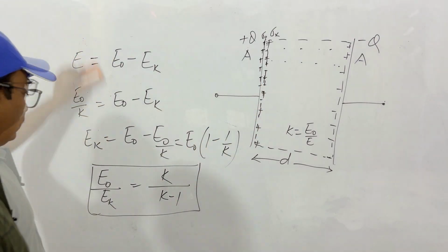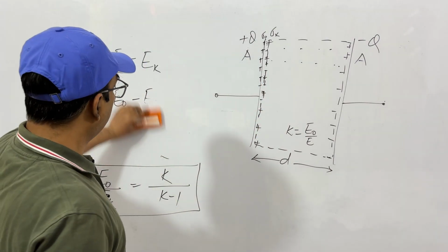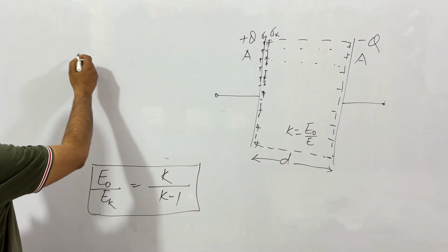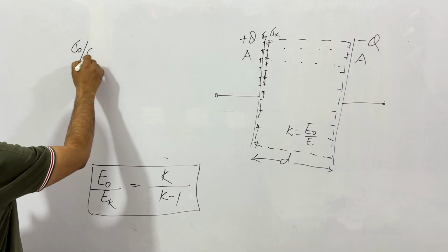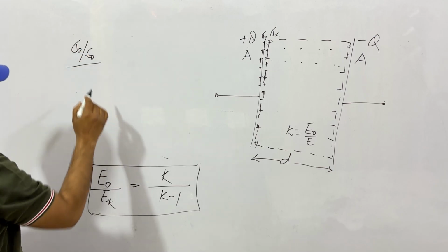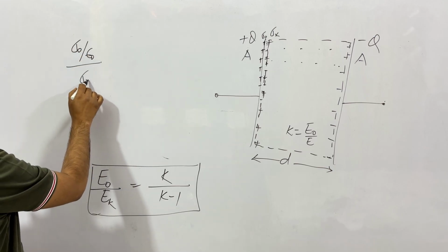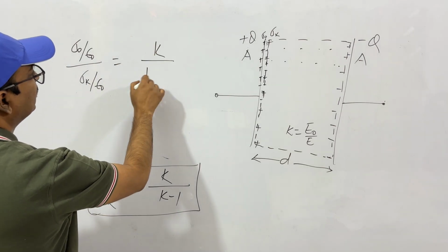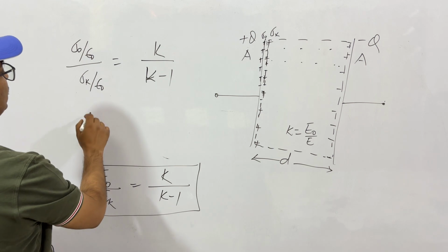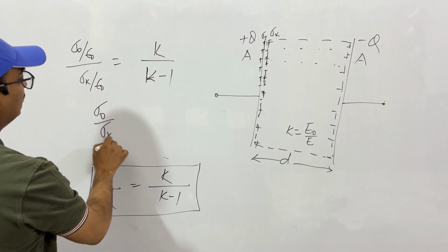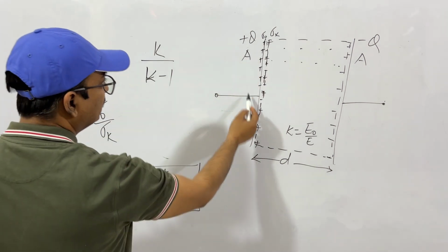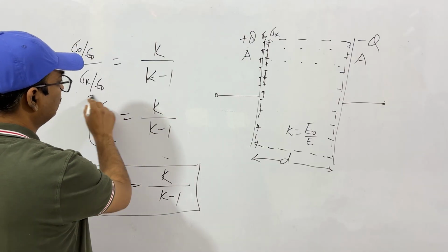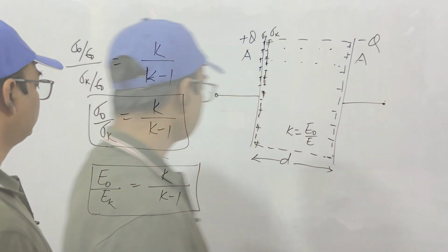Now, E0 can be written as sigma 0 by epsilon 0, and EK can be written as sigma K by epsilon 0. From here what you get is sigma 0 by sigma K, the ratio of the surface charge densities, equal to K by K minus 1. This is the second relation that you get.